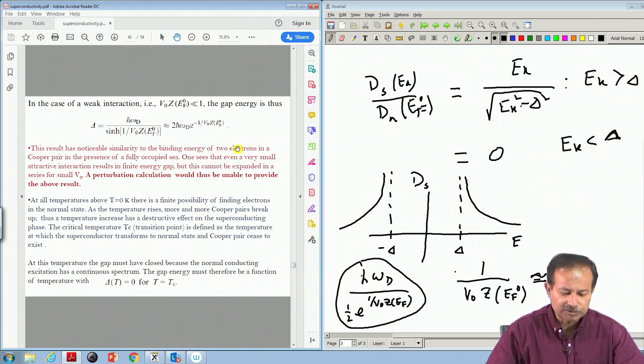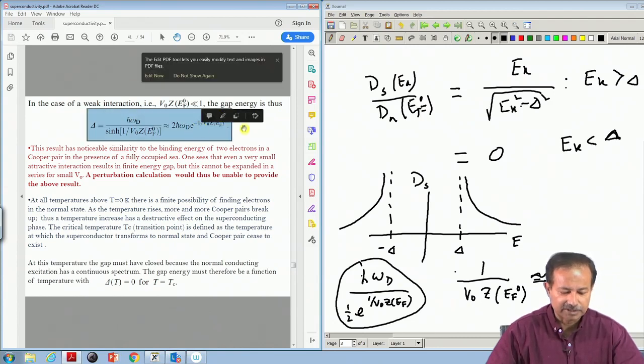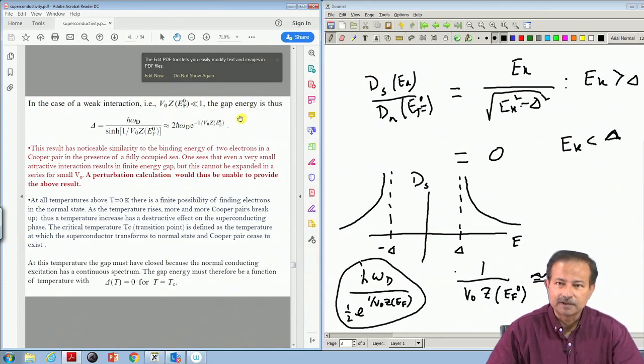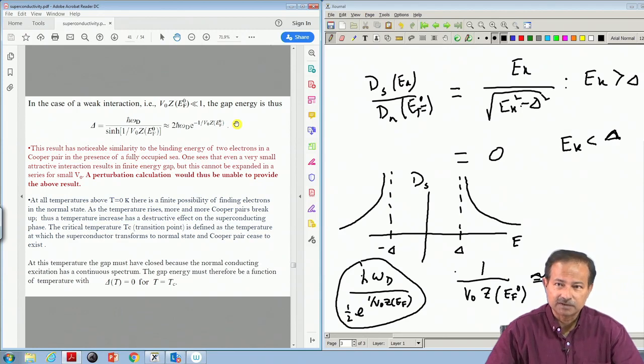There is another important thing that you should notice here: this kind of a state, for example this kind of energy, is not perturbative in V0. V0 being small, one could be tempted to do a perturbation theory, but look at this expression, it has all orders. If I expand it, it will have all orders in 1 by V0, and V0 being small, 1 by V0 is large. So, the V0 going to 0 limit is ill defined in that expansion.